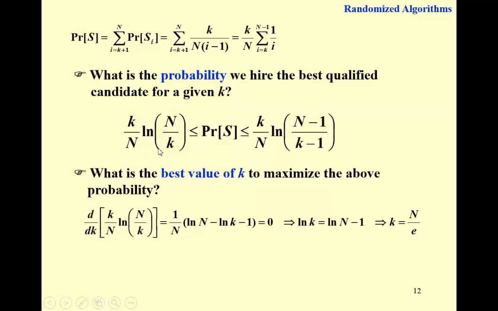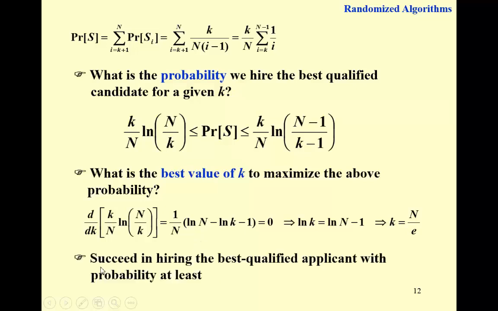So what is the maximum value of this function? That means we can succeed in hiring the best qualified applicant with probability at least what? 1 over e, right? E is some constant that is approximately 2.78 something. So this probability is a little bit more than 1/3.